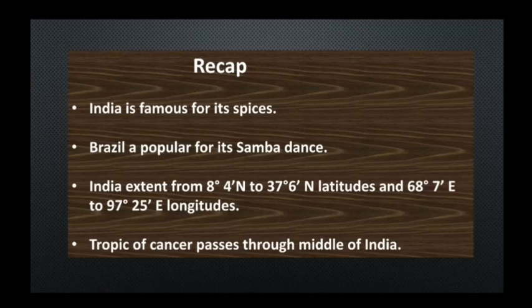We also learned about the extent of our country, that is the longitudinal and the latitudinal extent, and the various neighboring countries and water bodies of our country, and that Tropic of Cancer passes through the middle of our country.